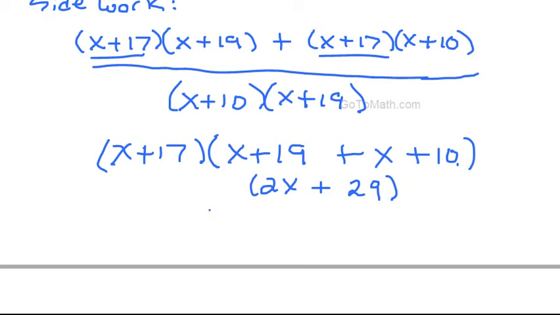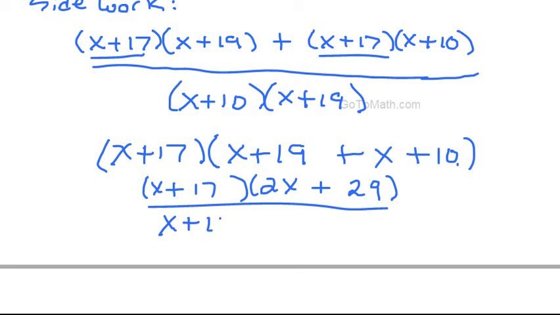Okay, and then we have x plus 17, right? And x plus 10, well, let's see, 2 doesn't go into 29, crud. That's all over x plus 10 times x plus 19.